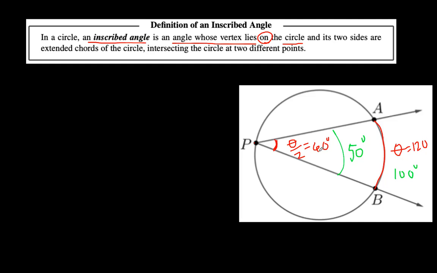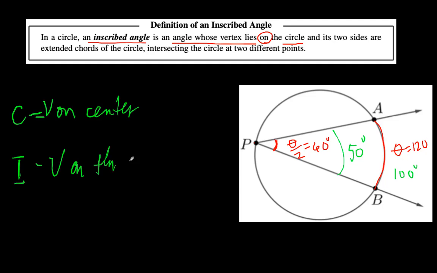So what's the difference between central and inscribed? Let's compare. When it comes to central, its vertex is on the center, while for the inscribed angle, the vertex is on the circle. And here, whatever the measure of the angle, that's equal to the measure of the arc.